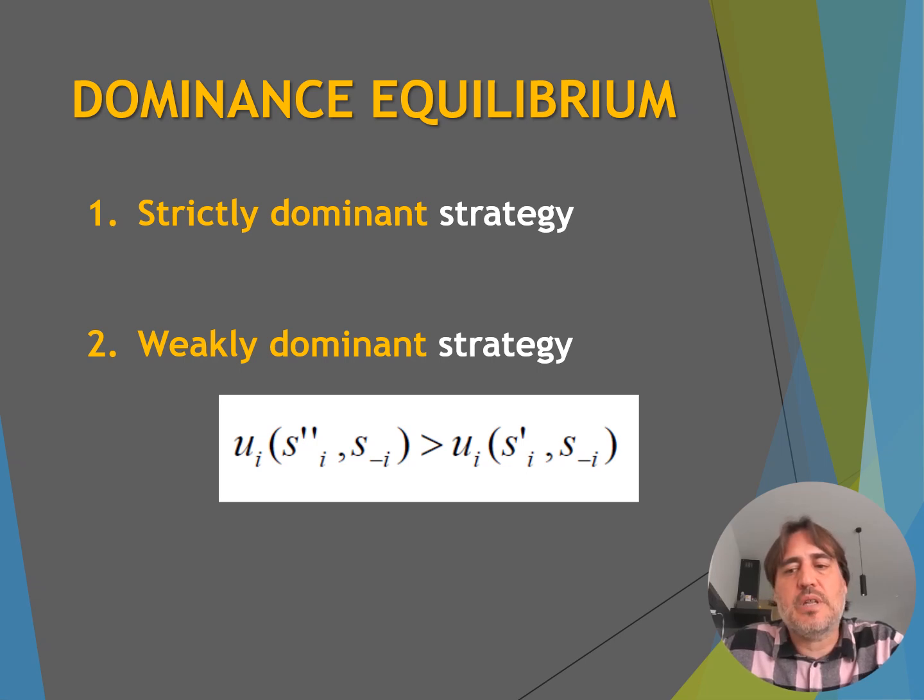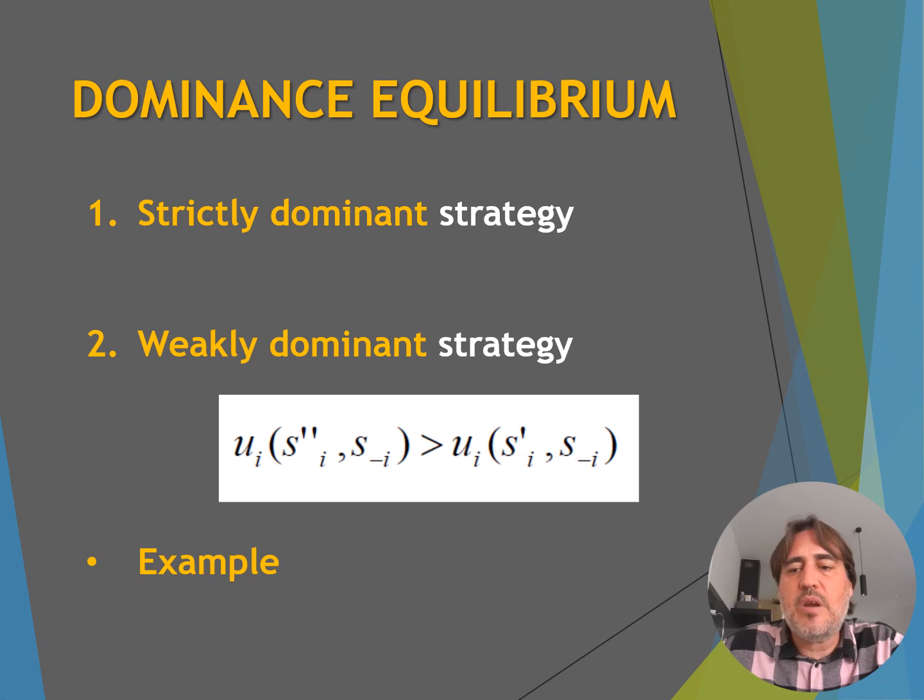In the prisoner's dilemma that we will see in following videos, this means that no rational player will choose the strategy of cooperating. And since there are only two strategies, this in turn means that both players will choose not cooperating.